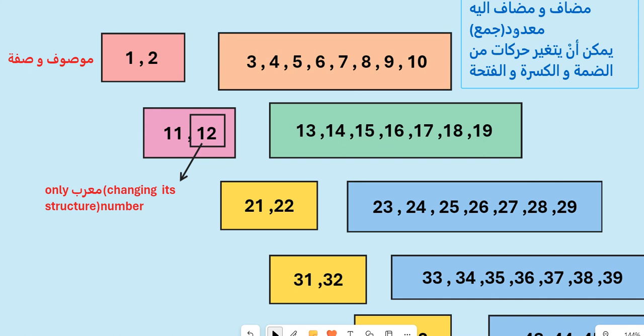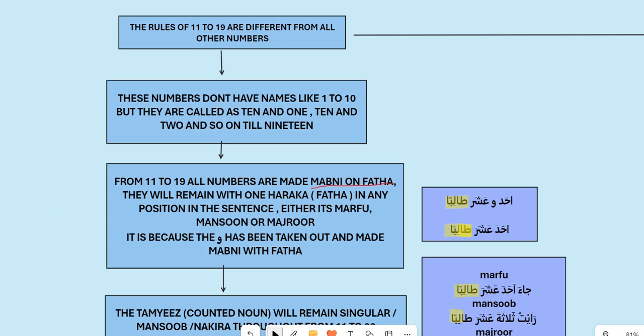Ma'dud means the nouns that you're counting, and it is always in plural form. This is the rule for 3 to 10. So now let's go and check the next topic. Now let's check the number rules from 11 to 19. As I told you before, for 11 to 19, the rules are totally different.